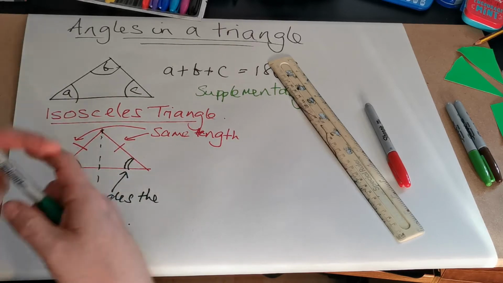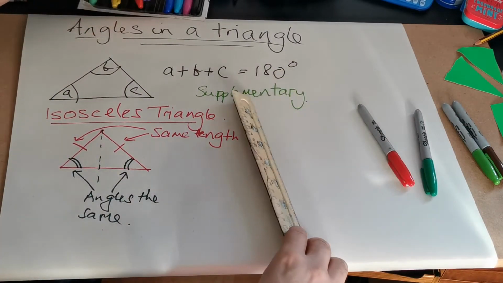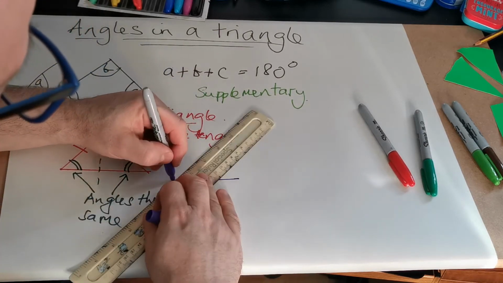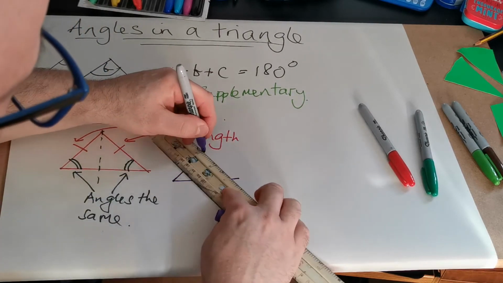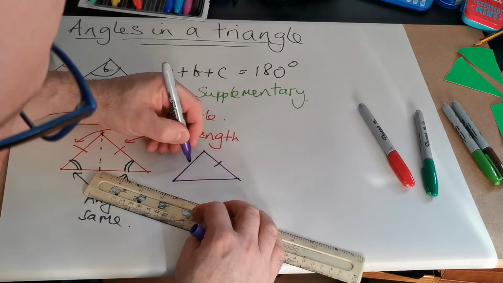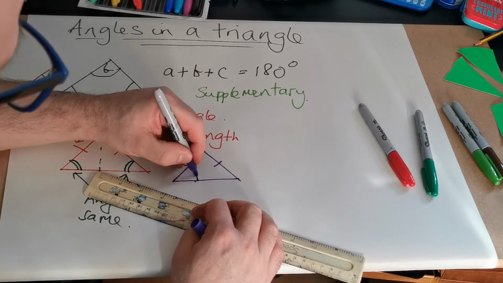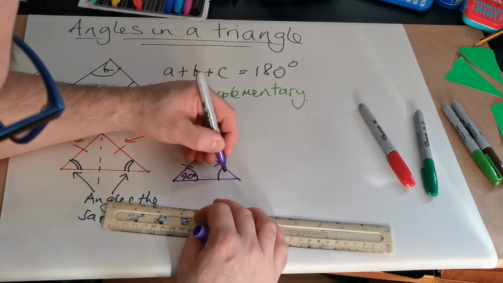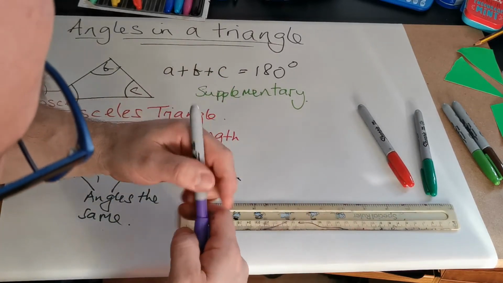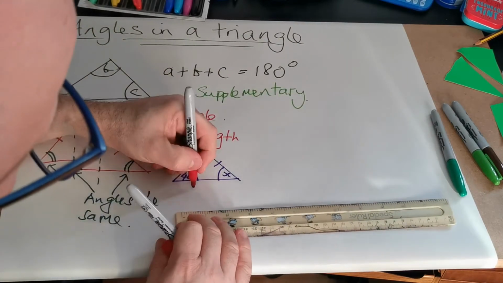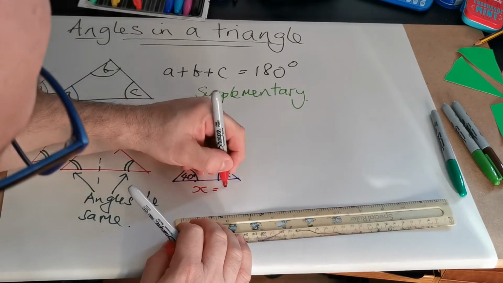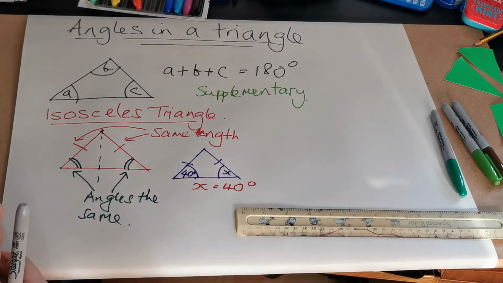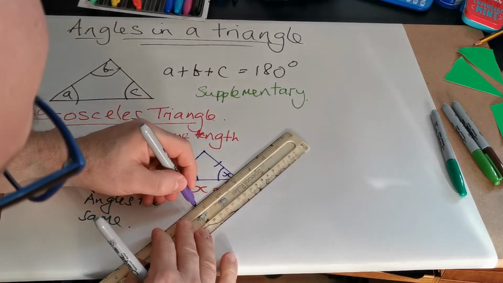And again, that helps us to work out some questions. So for example, if we had an isosceles triangle like this, and I said that was 40 degrees, how big is angle X? You would instantly say, well, X is equal to 40 degrees, because they are the same. Now you can get a different sort of question.